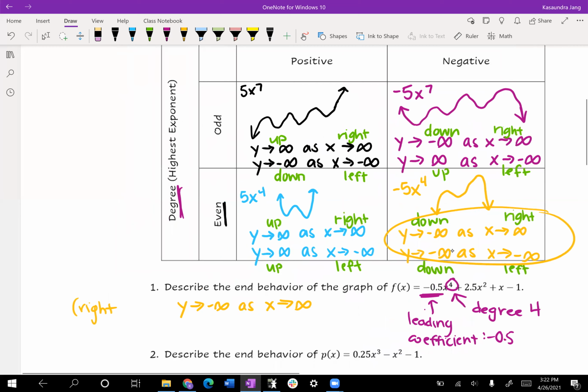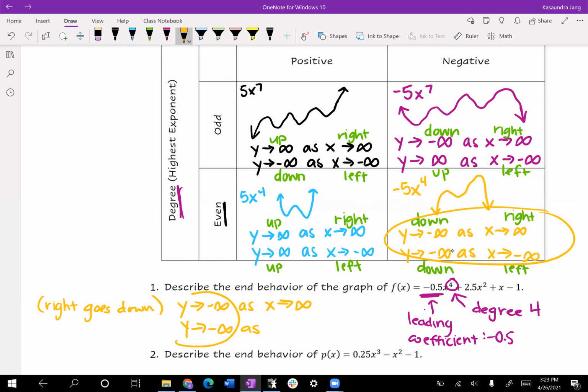Let's see, I'm running out of space here. So yeah, it's pretty much saying the right side goes down, and then I've got to describe the left side. So the left side, again, I'm writing this just the way I did before. The left side also goes down.